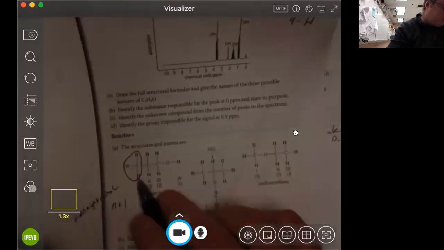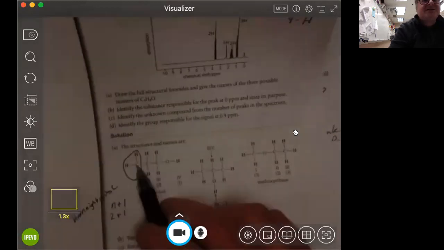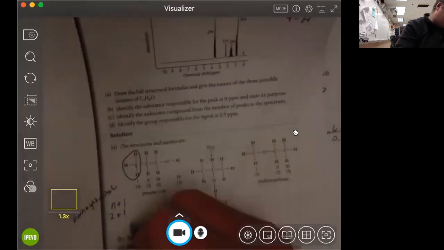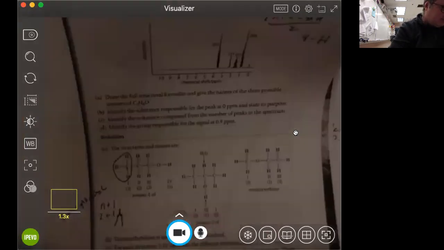So that is 2 + 1. So if we see this spike right here, it will be what we call a triplet. You'd be able to see three peaks.